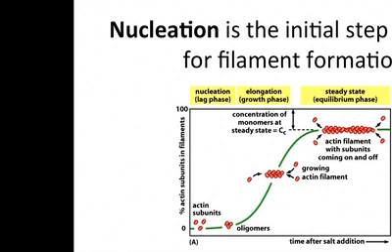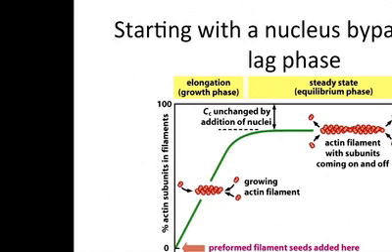Okay. So we get this nucleus formation, and then we'll get growth of our actin filaments, and then you've got your stable. That's your steady state, which is your equilibrium, which is at your critical concentration. So just like what we were saying before, subunits can assemble spontaneously, but it's unstable. And so they'll disassemble easily until this stable aggregate or nucleus is formed, and then the filament will grow until it reaches its steady state.